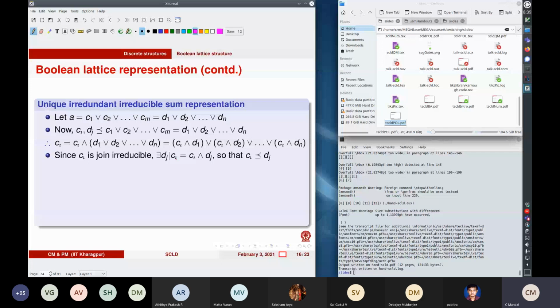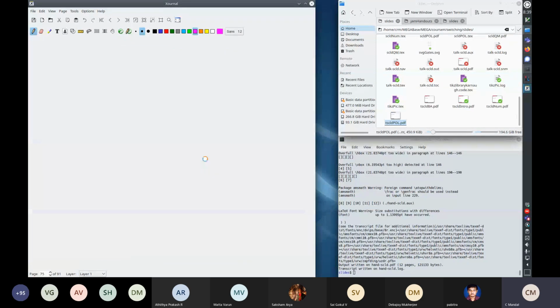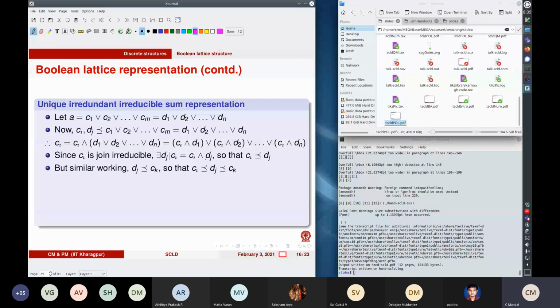Okay, so if it works out this way, then Ci must be a predecessor of Dj. And if you carry out a similar exercise with Dj, then you will have a similar situation, that there must be a Ck, so that Dj is a predecessor of Ck. So you have this situation, that Ci is a predecessor of Dj is a predecessor of Ck.